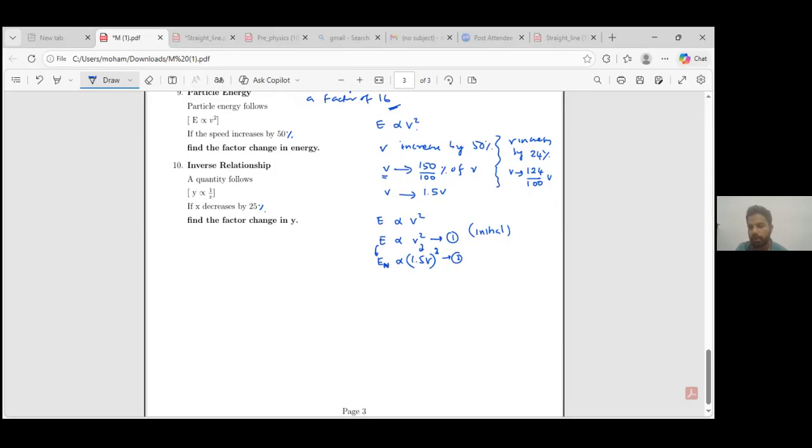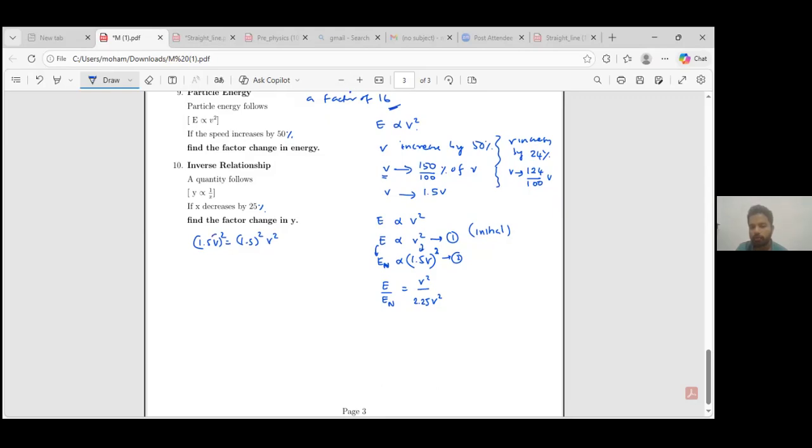So now what I can do is divide one by the other. So E divided by En is equal to V squared over 1.5 V whole thing squared. Now 1.5 squared is 2.25 V squared. When you have 1.5 V squared, I have to square 1.5 and I have to square V, so I get V squared.